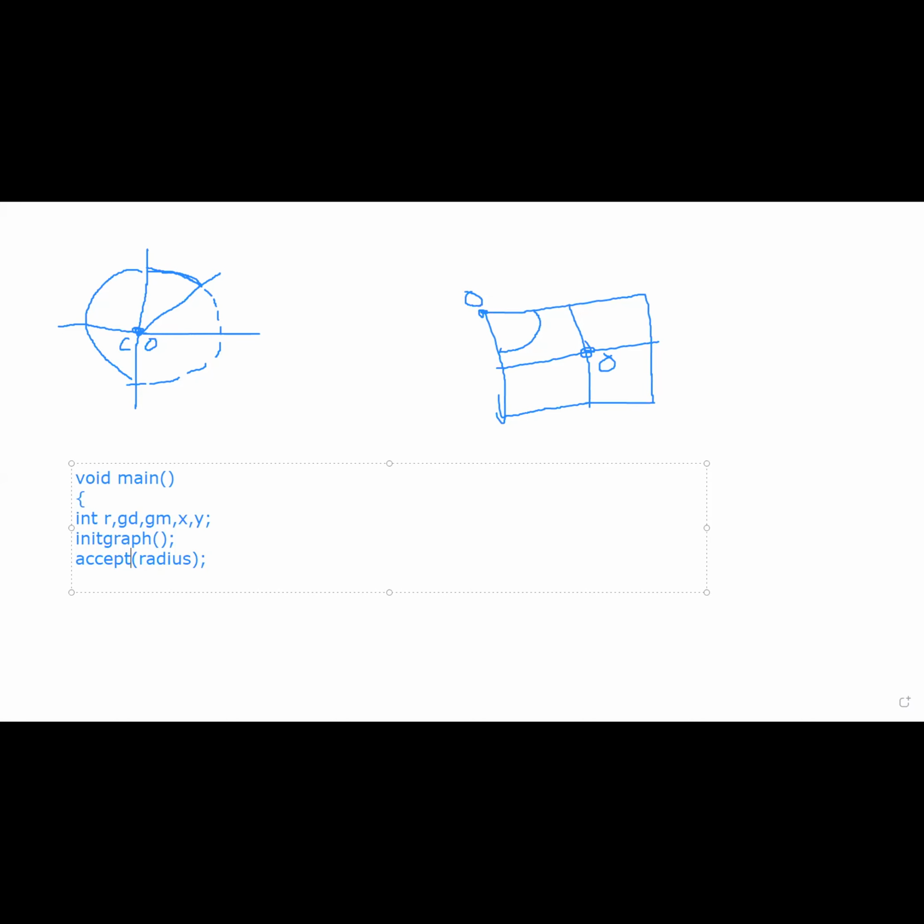Then in the circle generation algorithm, we are going to start with x and y values. What are the initial values of x and y while drawing the circle?